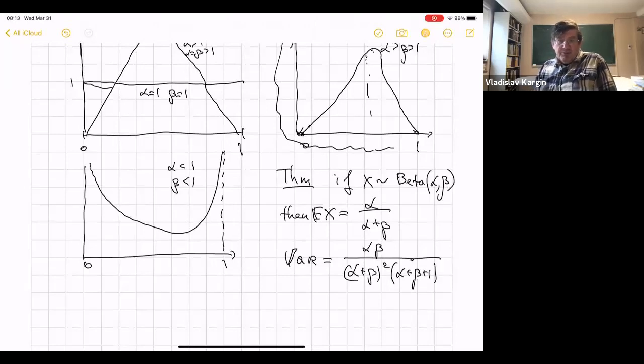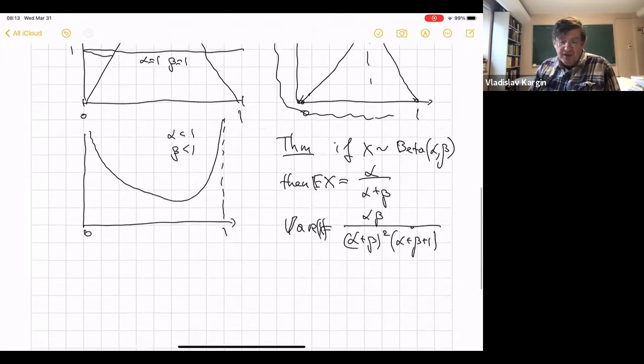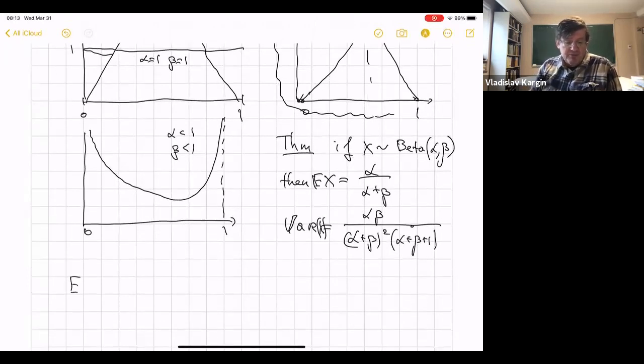Now the proof of these formulas is just a regular method: you just go and integrate. For the expectation of x, for example, you would start by writing the integral.